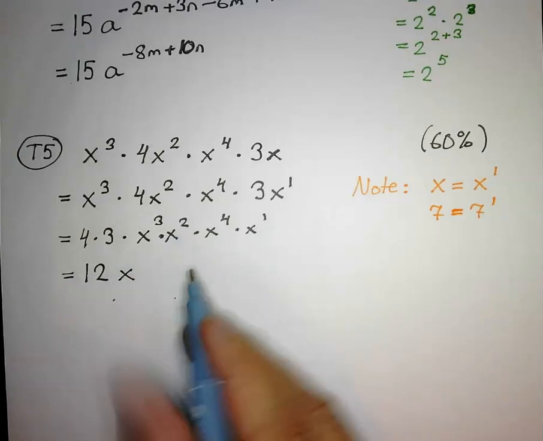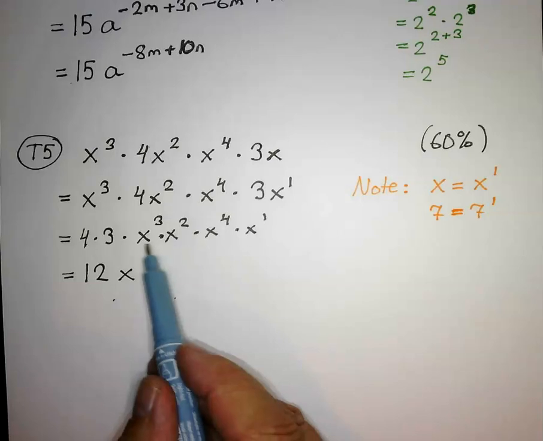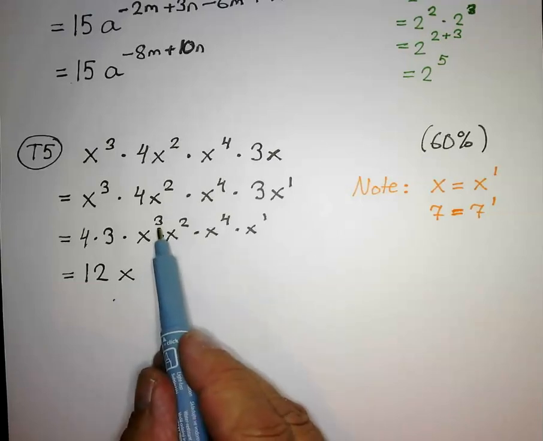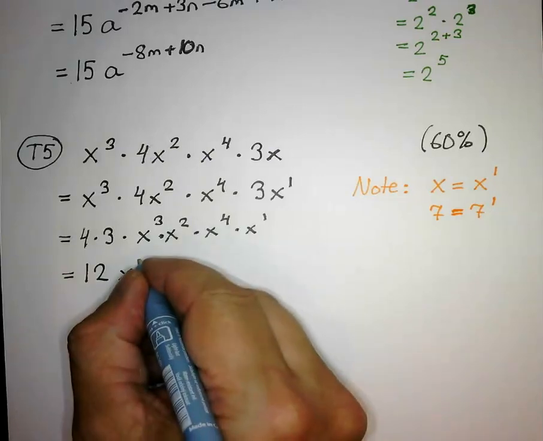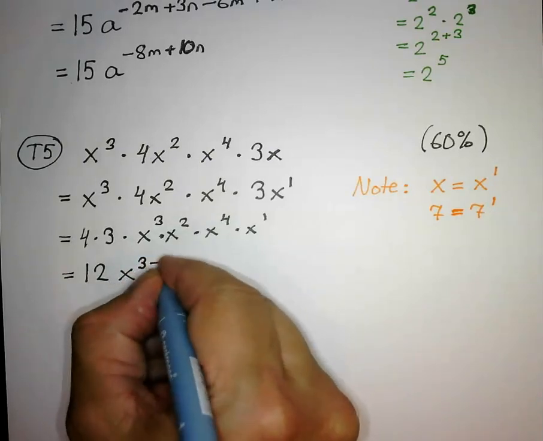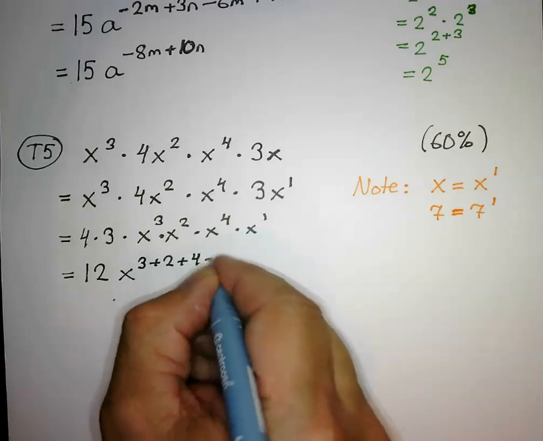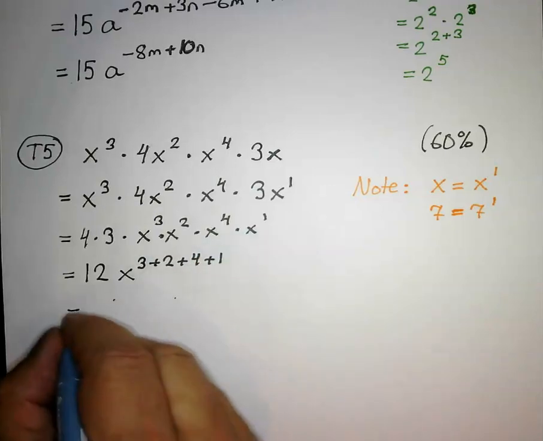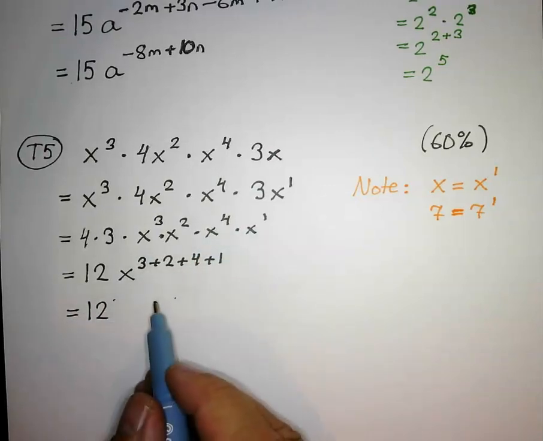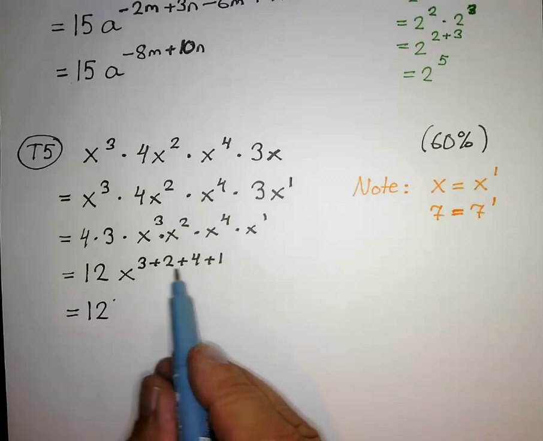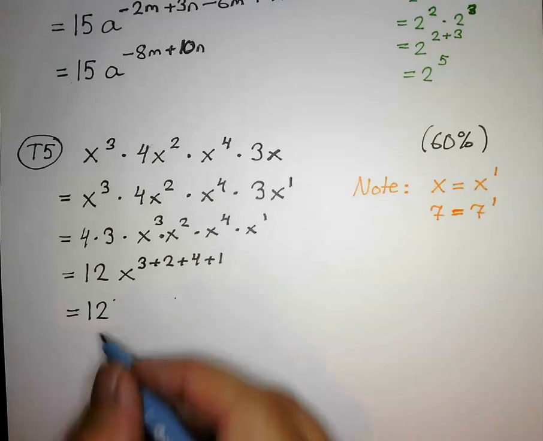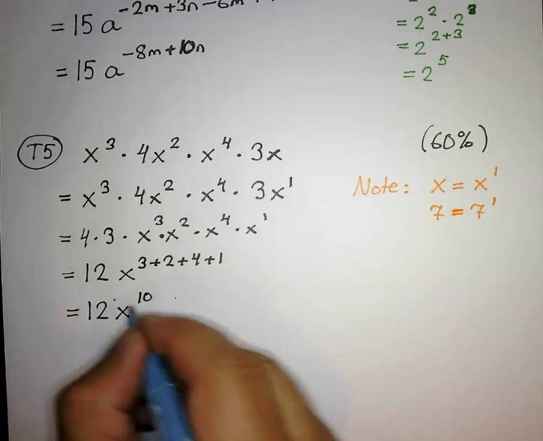But then we have the same letter here, and we have exponents 3, 2, 4, and 1, and we add those exponents together. We have 3 plus 2 plus 4 plus 1, and that is, if I got it correctly, 10. x to the power of 10.